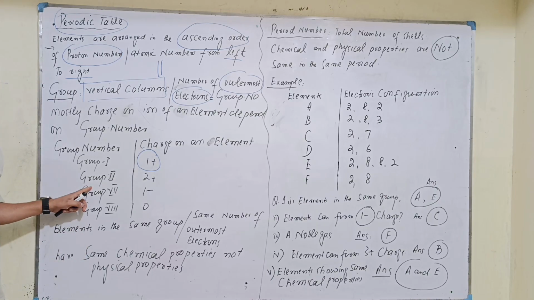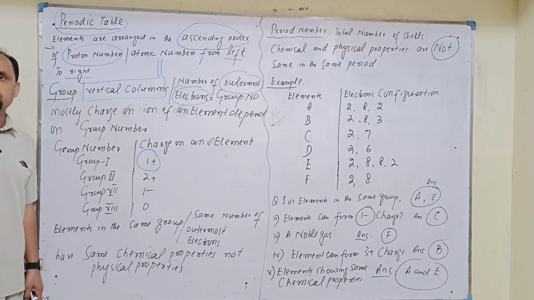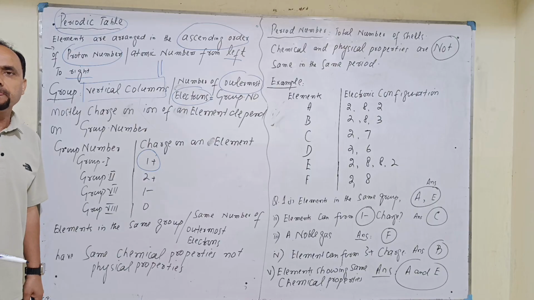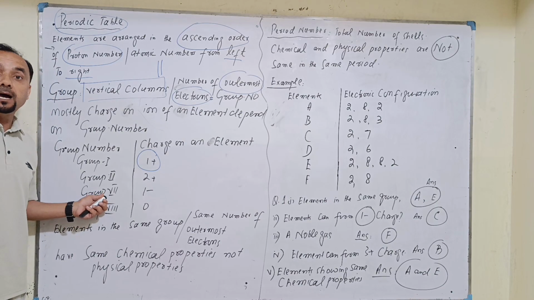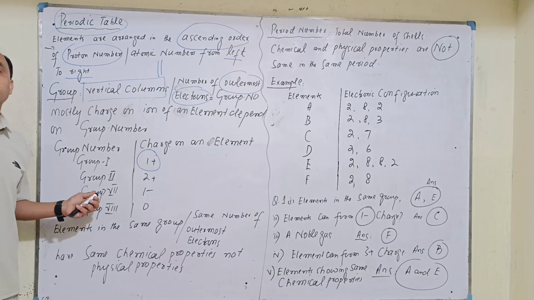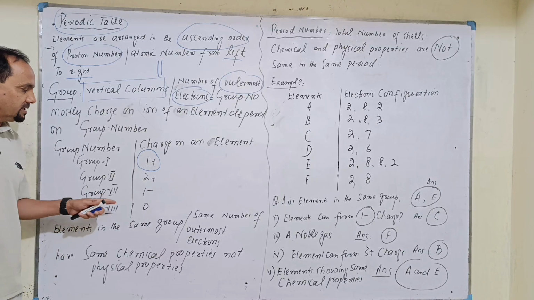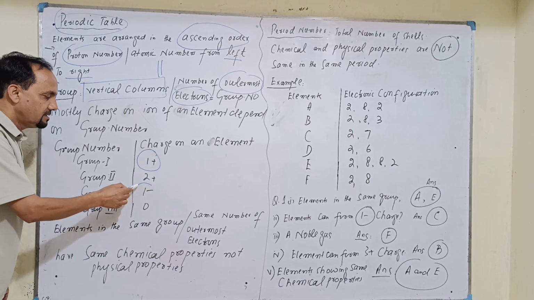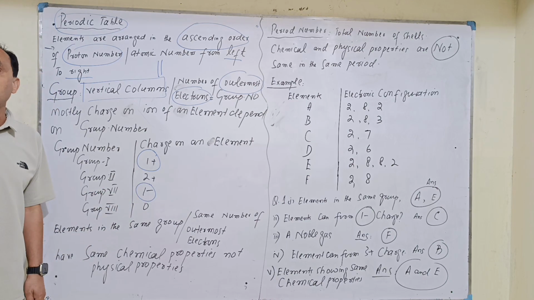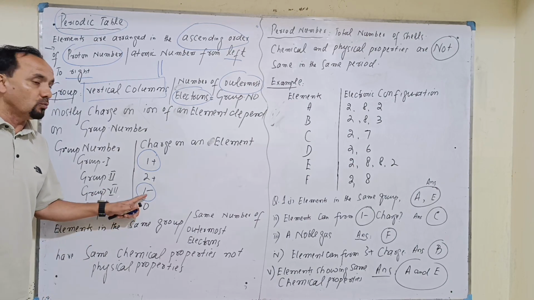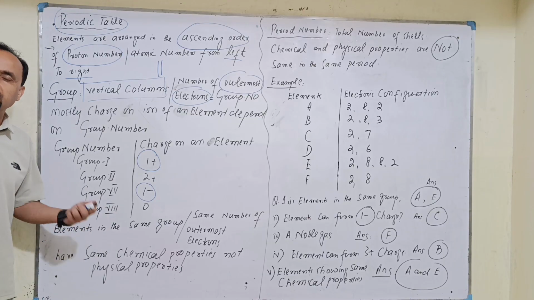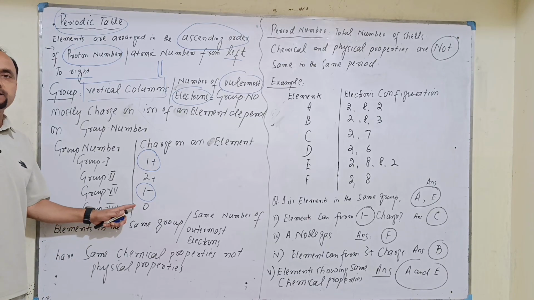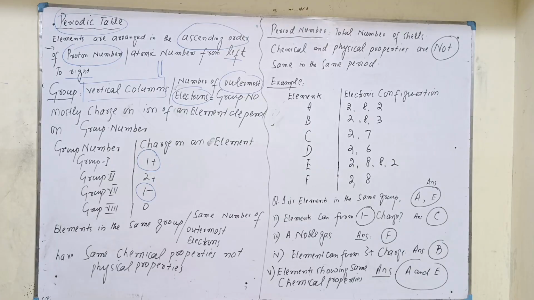Any member from group 2, magnesium, calcium, they have +2 charge. Group 7, halogens, they have 7 electrons in the outermost shell, so they just need to gain 1 electron. So the charge on group 7 members is 1 minus. Group 8 have a complete outermost shell, so the charge is 0.